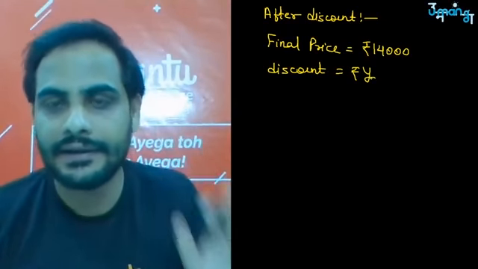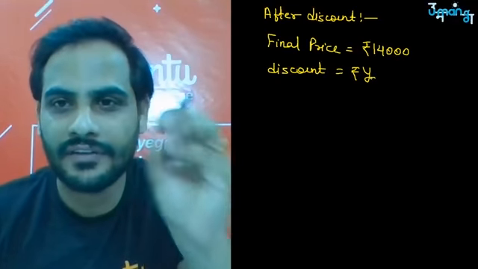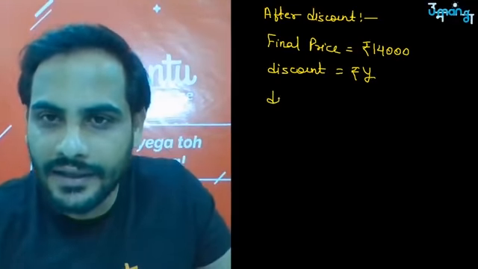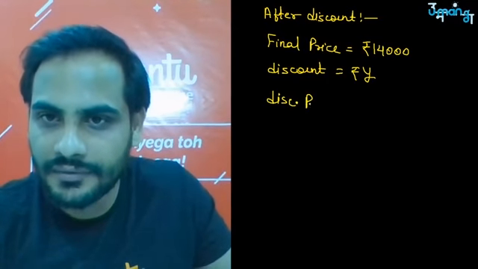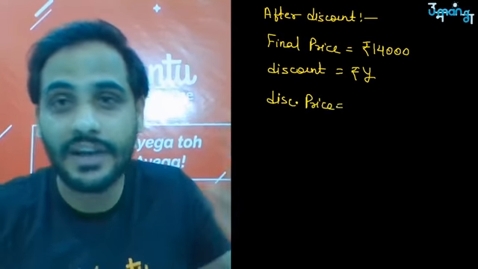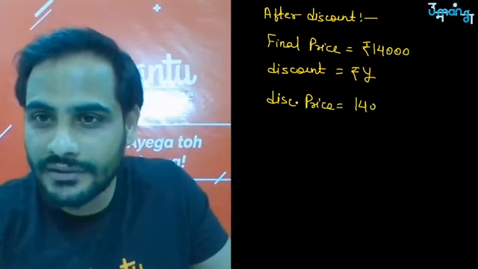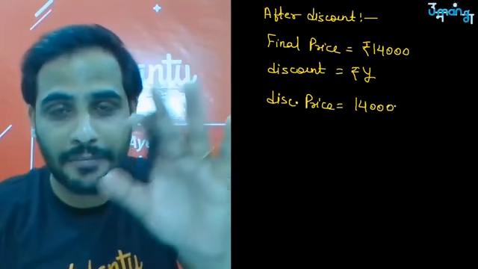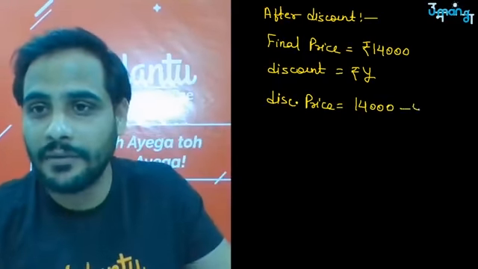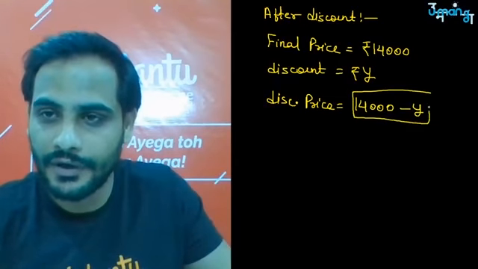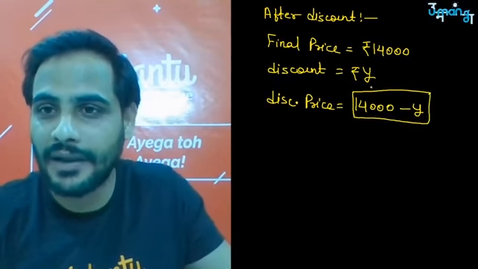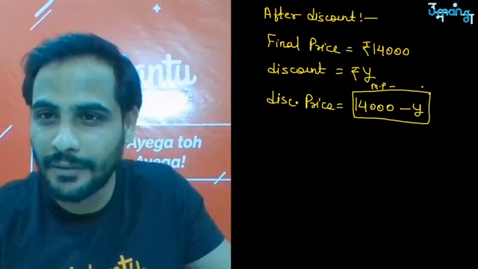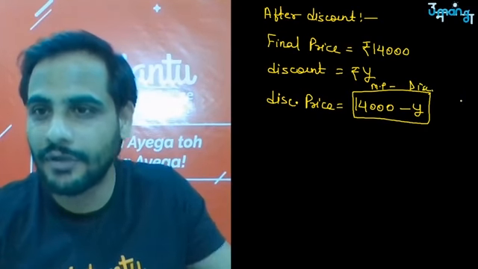Correct? And if the discount given is rupees y, the price which Gagan will pay will be 14,000, which was the original mark price, minus y. Got it? Here I am taking mark price minus discount. You don't get confused. Mark price minus discount is your discounted price.